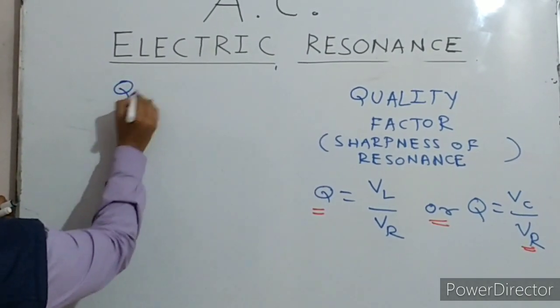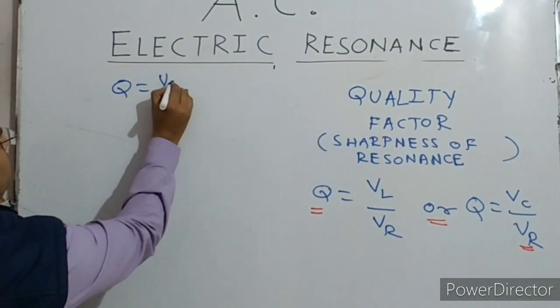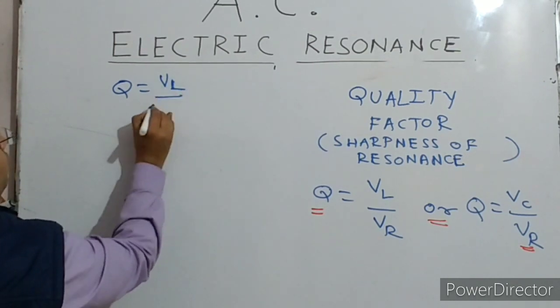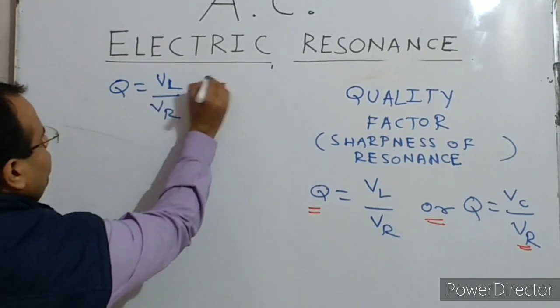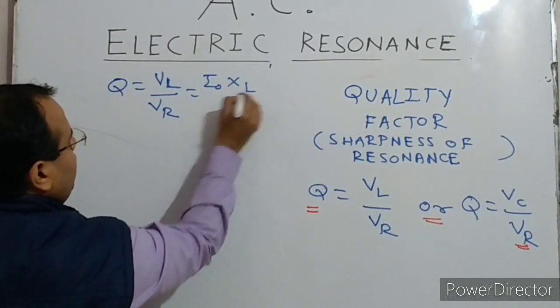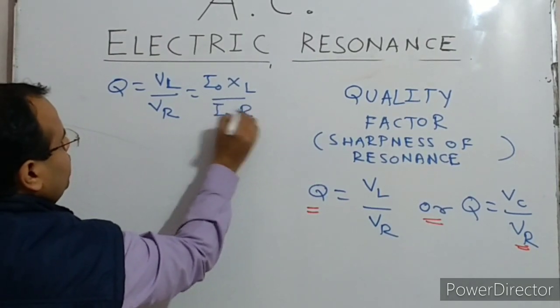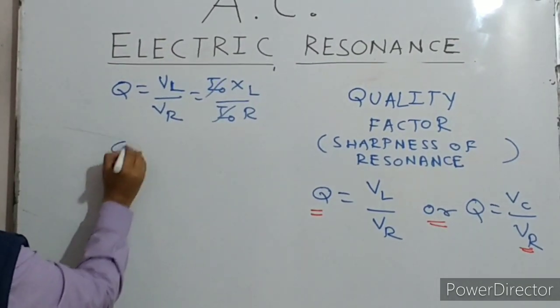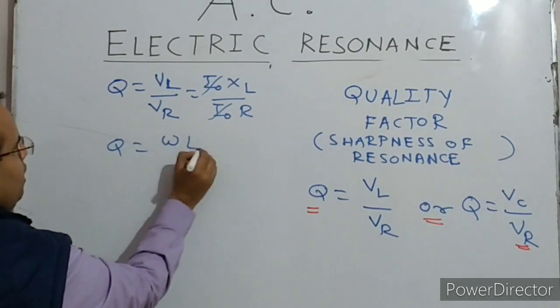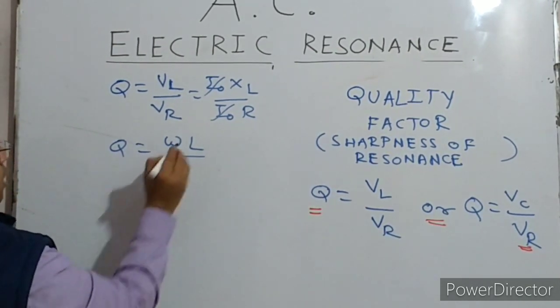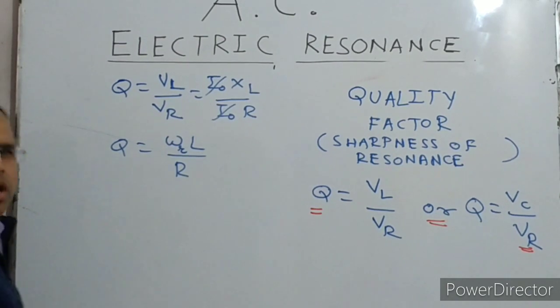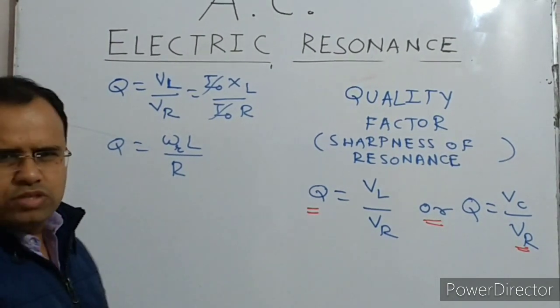You can see that Q equals VL upon VR. Now you know that VL is I naught XL and VR is I naught R, so I naught is cancelled. Now XL is omega L, so it is omega L upon R, and omega R is the resonance frequency.